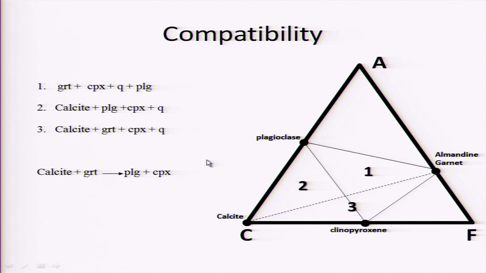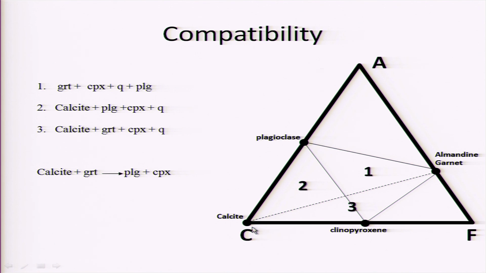There is no other way than this kind of phase diagram to know whether the assemblages are compatible or not. Now, let us examine the third assemblage, which is calcite, garnet, clinopyroxene and quartz.